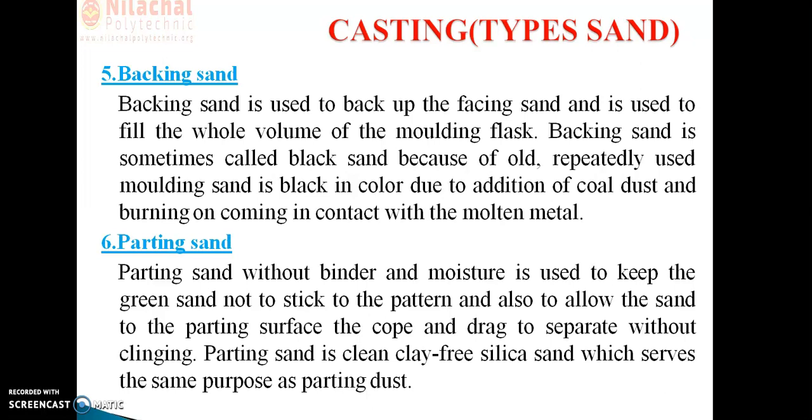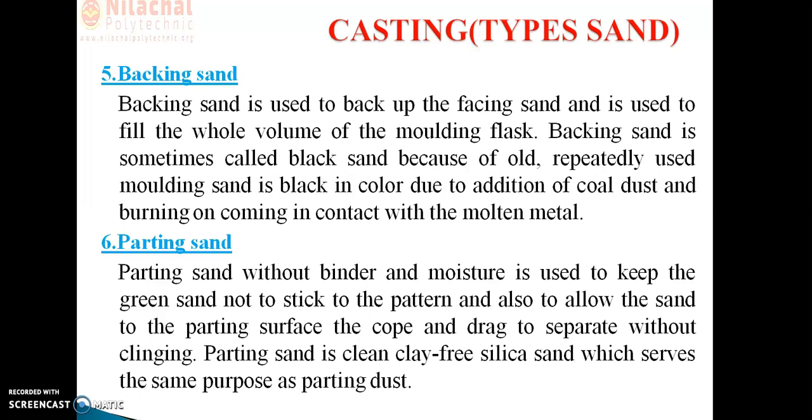It also helps the easy removal of the pattern. As we all know, we prepare a pattern, and by using the pattern we prepare the mold. When the pattern is removed from the mold, a mold cavity is formed, where we finally pour the molten metal.